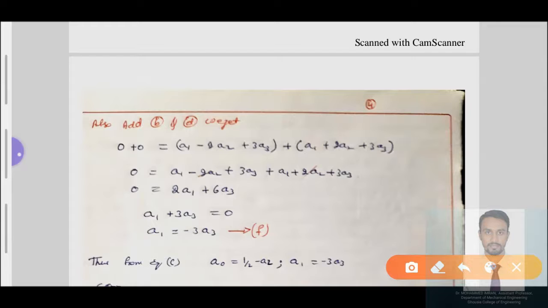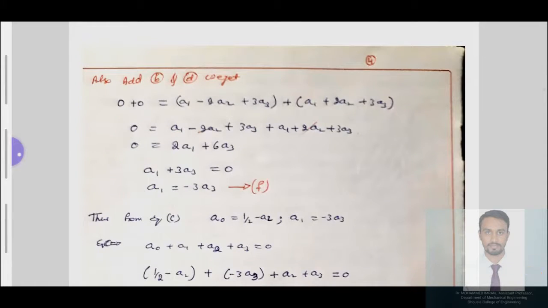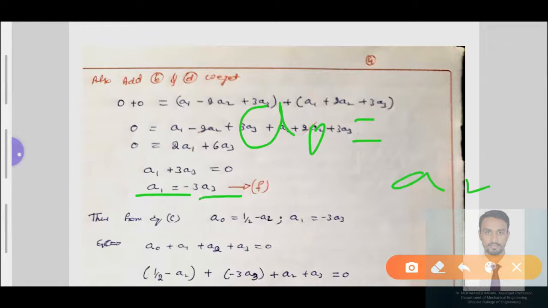Minus 2a2 plus 2a2 gets cancelled, leaving a1 and a1, 2a1, and 3a3 plus 3a3 becomes 6a3. Rearranging in terms of a1, a1 equals minus 3a3. So we have a0 in terms of a2 and a1 in terms of a3.